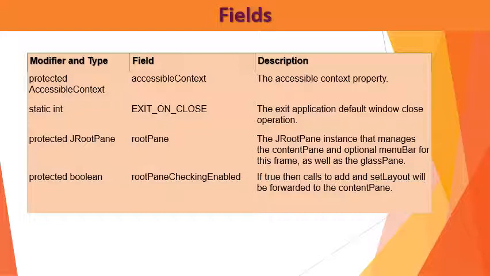The next is protected boolean rootPaneCheckingEnabled. If this field is true, then calls to add and setLayout will be forwarded to the content pane. In all these fields, the second field, which is EXIT_ON_CLOSE, is also very important when we are exiting our application from Java.